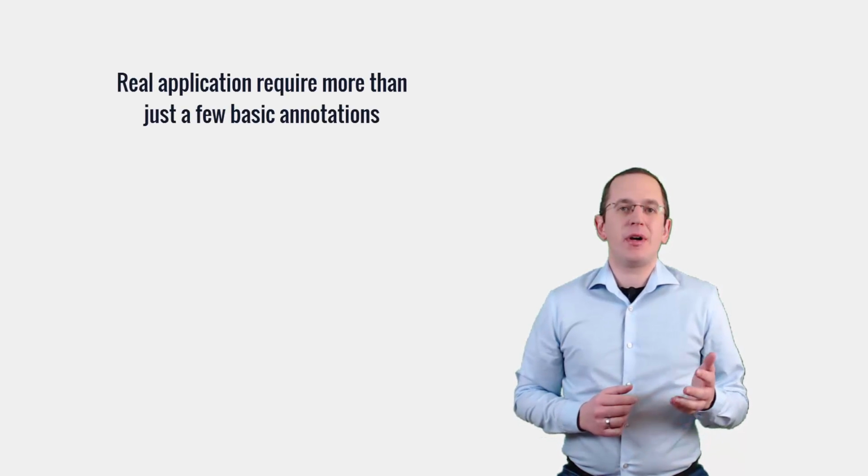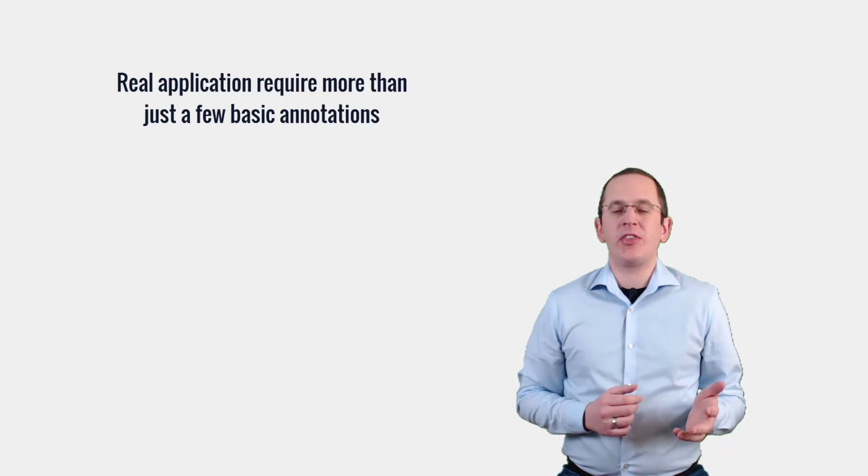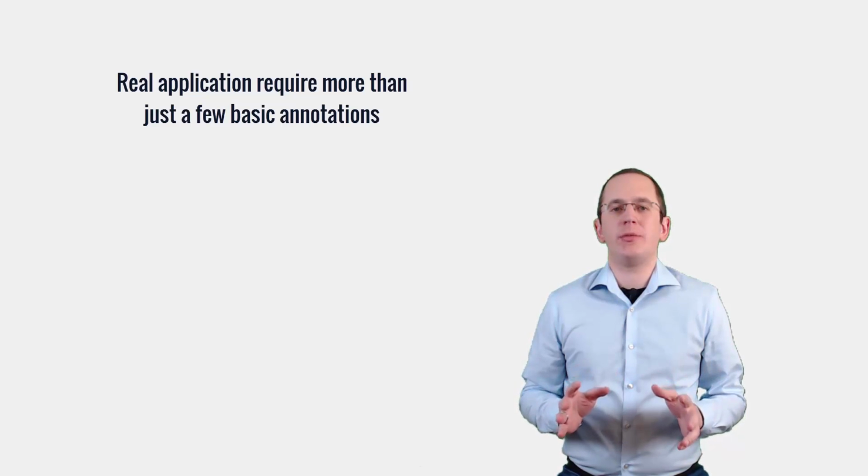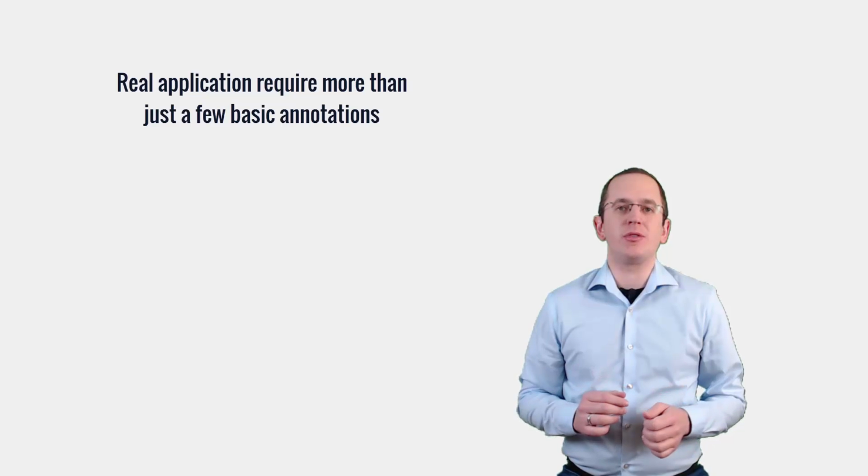When you started to work with JPA and Hibernate, you might have been surprised how easy it is to implement some basic CRUD operations. You just have to add a few annotations and the entity manager takes care of the rest. But when you use it in a real application, you quickly realize that there's so much more Hibernate can and needs to do.